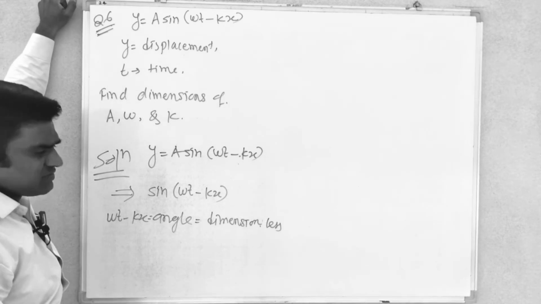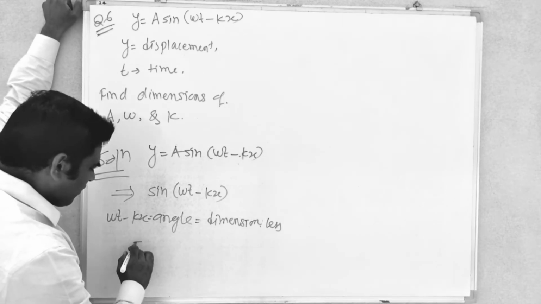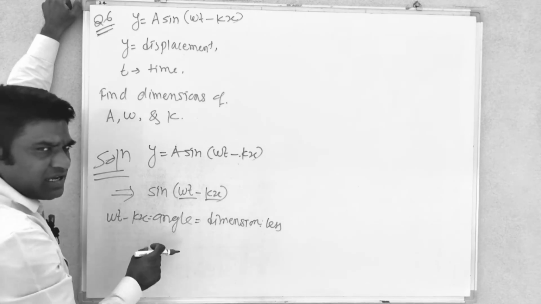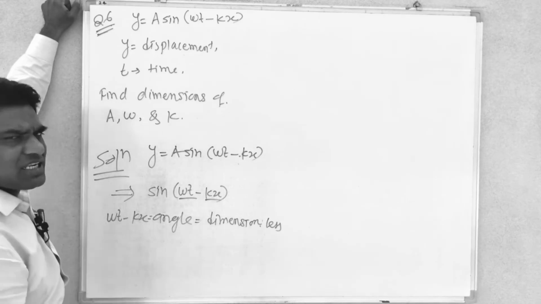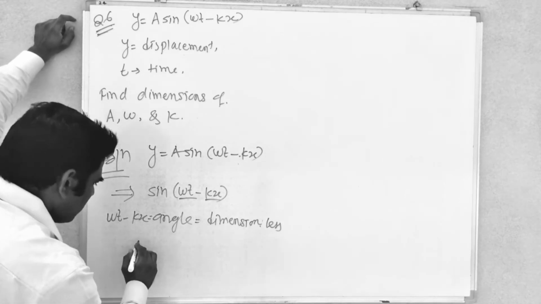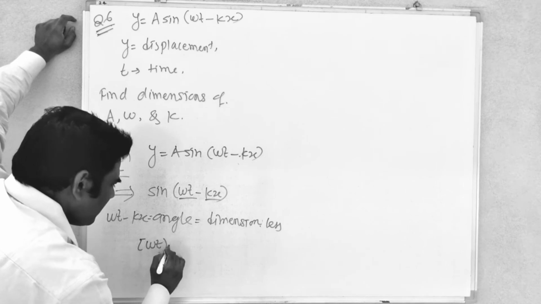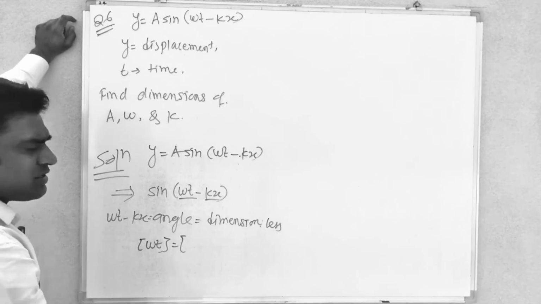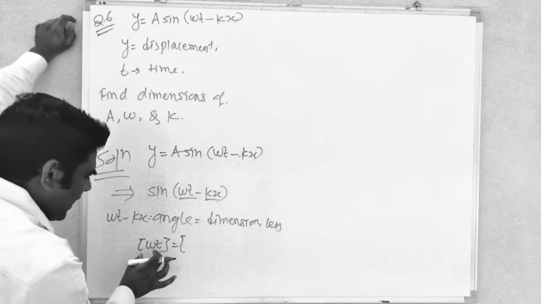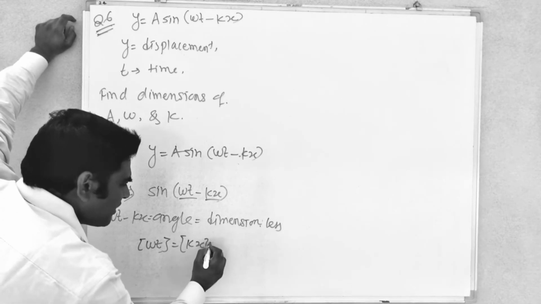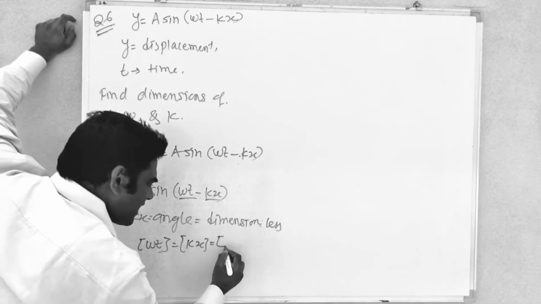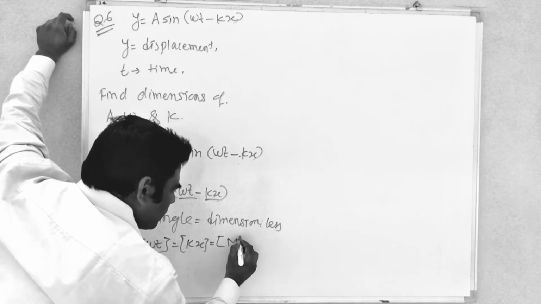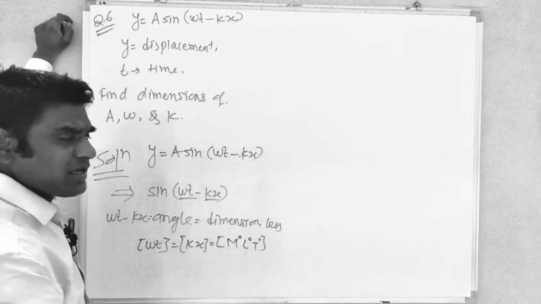This is also some angle minus another angle, so each term is also dimensionless. So the dimension of omega t is equal to the dimension of kx, since they are subtracted, the dimensions of both terms must be the same. And the complete quantity is dimensionless, so M0 L0 T0. Clear?